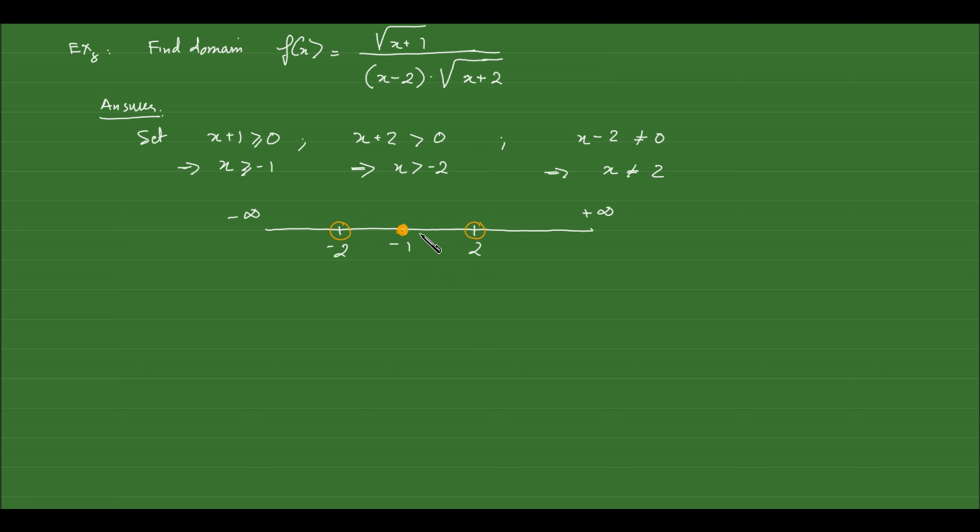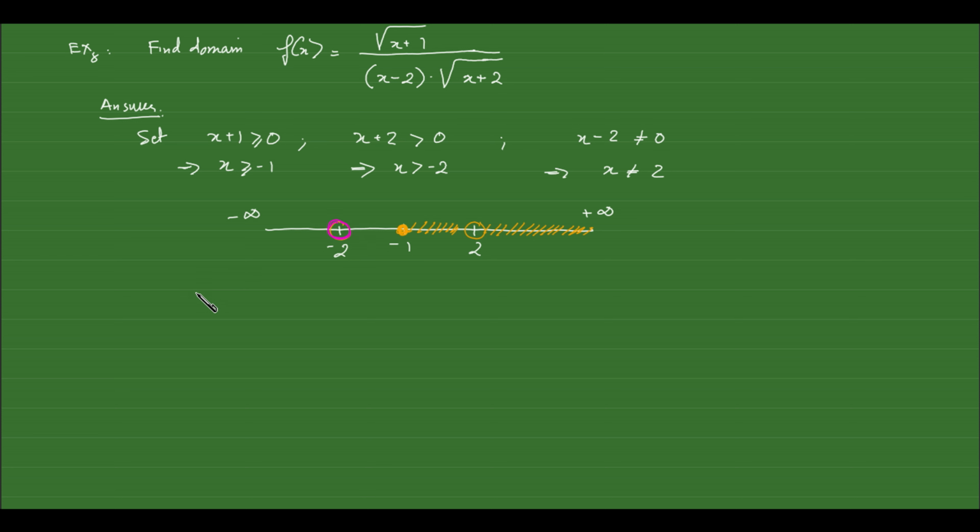And over here this is also an open circle. So we set everything except for that open circle. I think I'm going to use different colors so that you guys can see it. Let me use the purple one, because we don't want to include this.